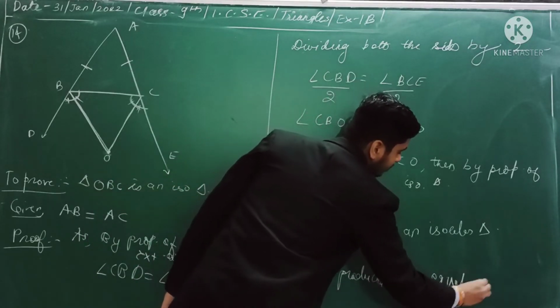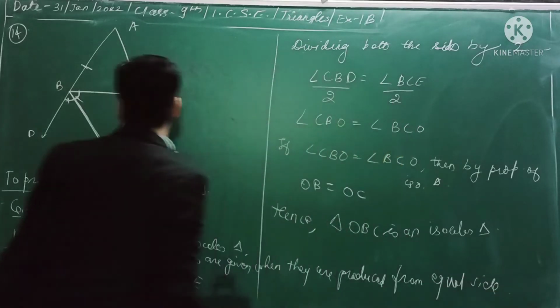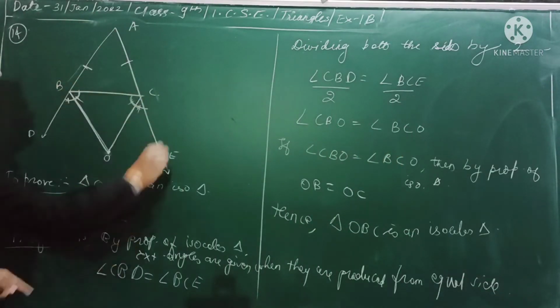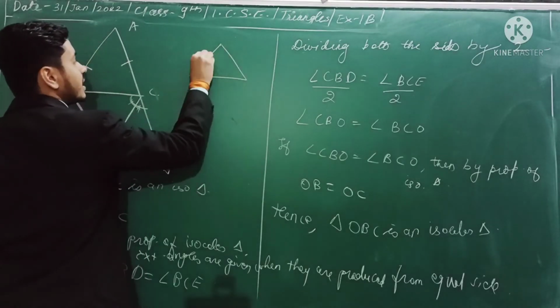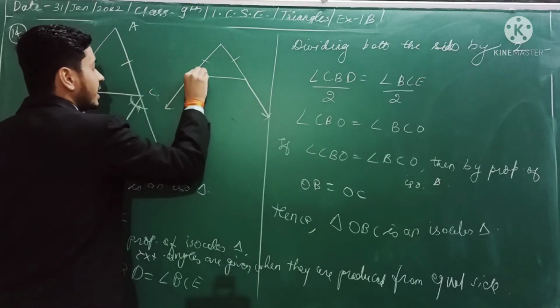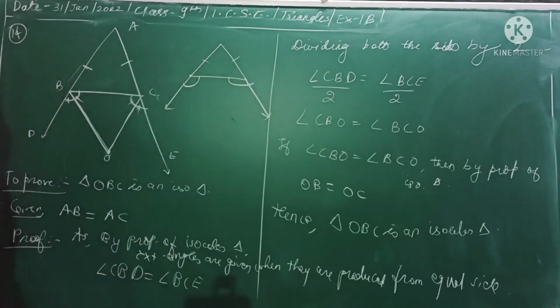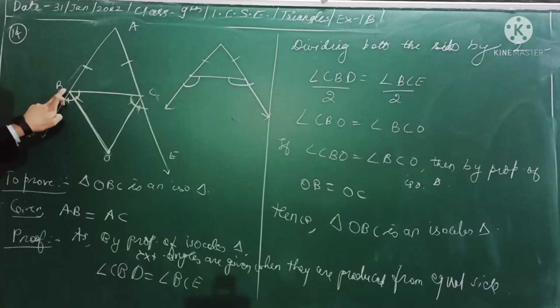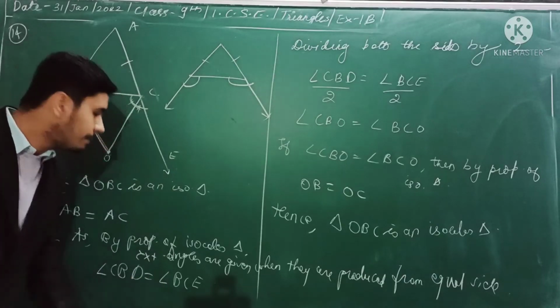You may please write this also: these two sides are equal, and if you produce them, then this exterior angle is also equal. So we may write CBD is equal to BCE.